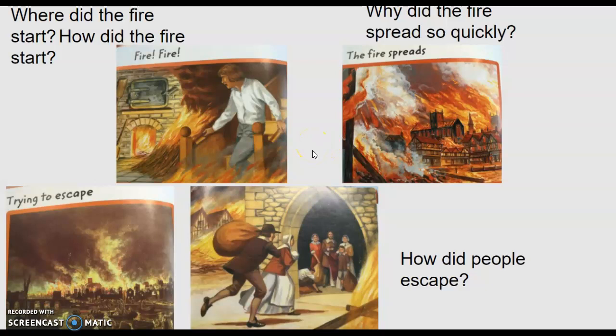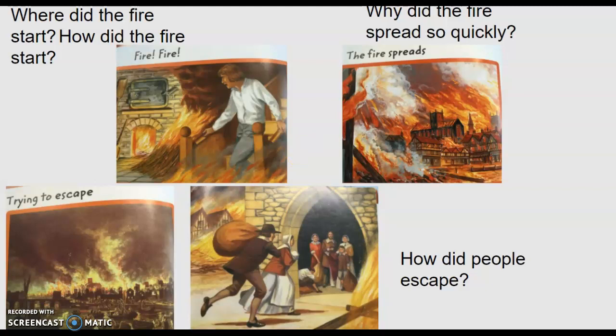Very early Sunday morning, he realised that there was a fire. You might be in bed and smell fire, and you act as if you are Thomas Farriner waking up to see this fire, and you are escaping from the bakery.